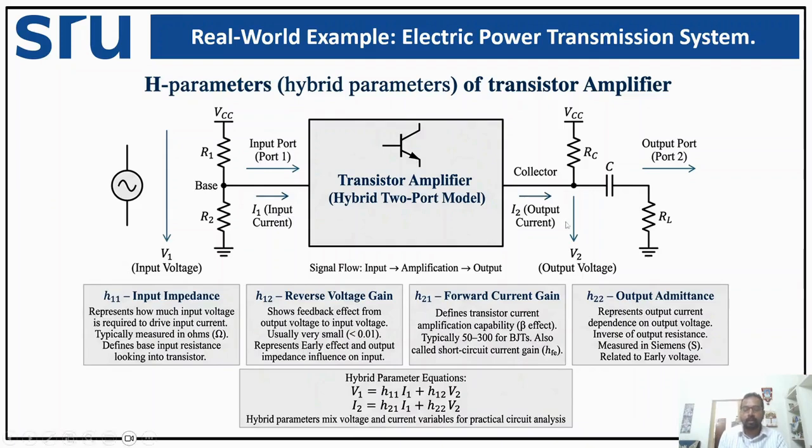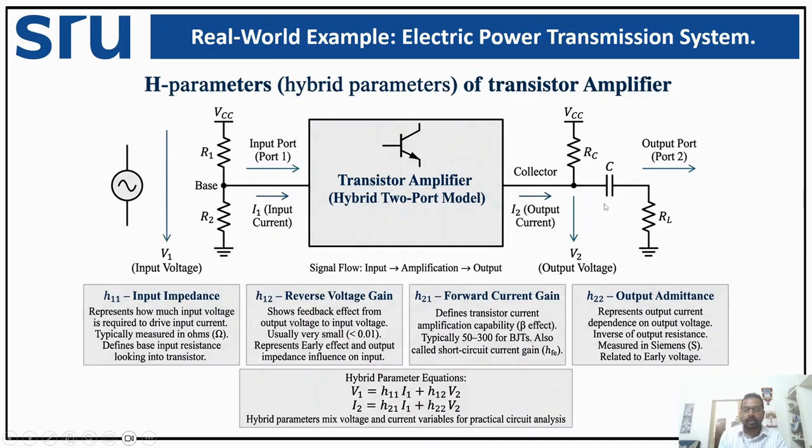Now coming to the output port, at port 2, we define V2 as the output voltage and I2 as the output current. The collector resistance RC and the load resistance RL influence the output characteristics of our transistor.